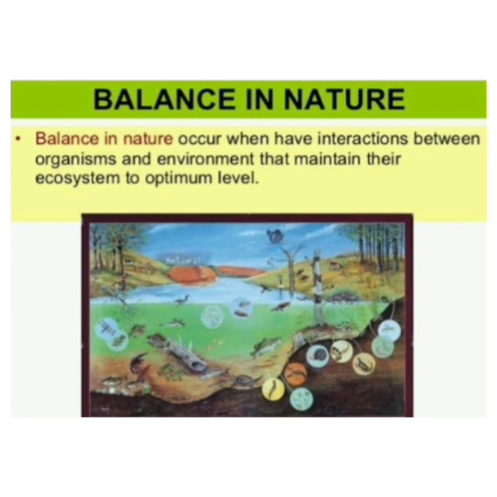Balance in nature. It is essential to maintain a balance between plants and animals in nature. If the number of plants decreases drastically, animals will die due to starvation. Starvation means not getting enough food. Similarly, if the number of animals reduces drastically, the amount of carbon dioxide given out will not be enough for the plants.